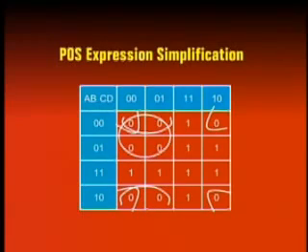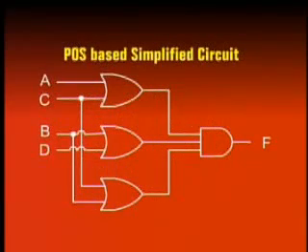The function table information is directly mapped to a 4 variable Karnaugh map. The zeros are grouped together forming 3 sum terms. The 3 terms are A plus C, B plus C, and B plus D. The simplified product of sum based circuit is implemented using 3 2-input OR gates and a single 3-input AND gate.